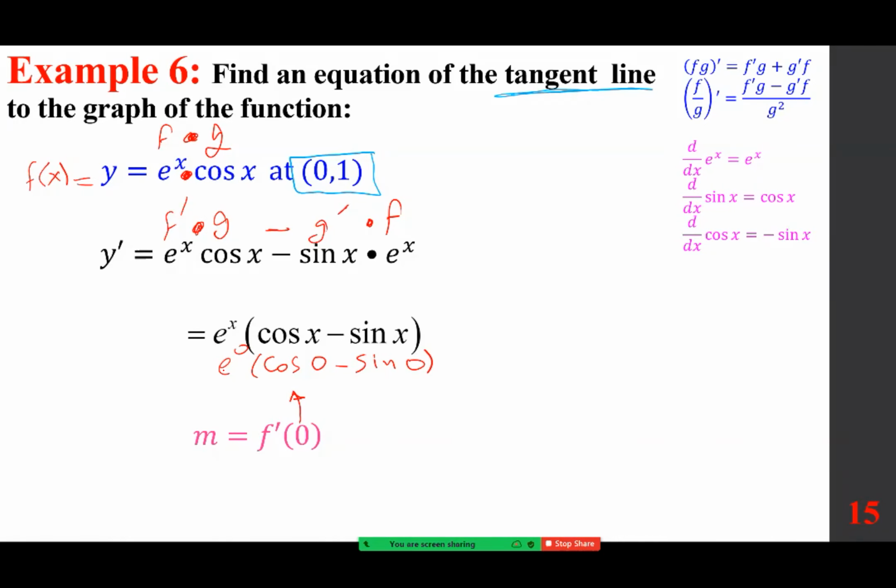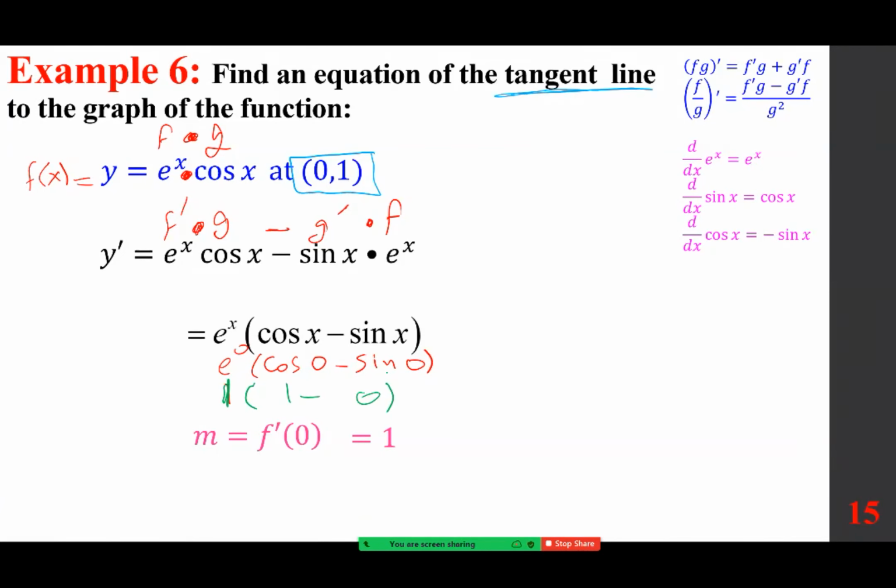Now, e to the power of 0 is 1. Cosine 0 is 1. Sine 0 is 0, and we get 1.